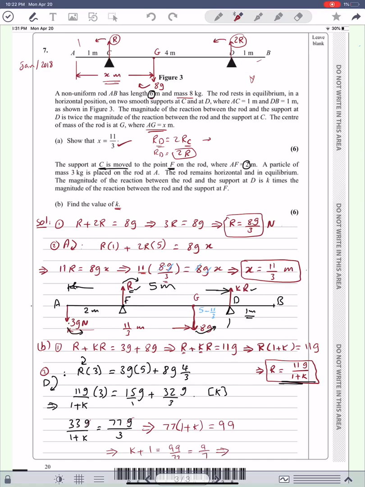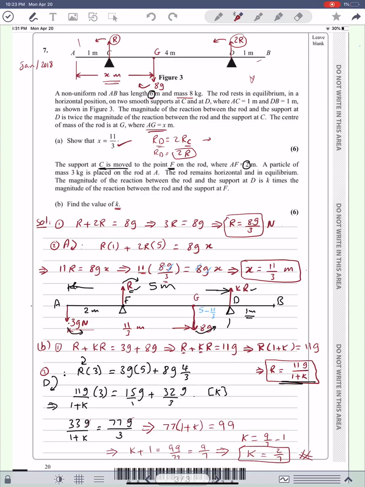So k is equal to 9/7 minus 1, so k is equal to 2/7. Finished.